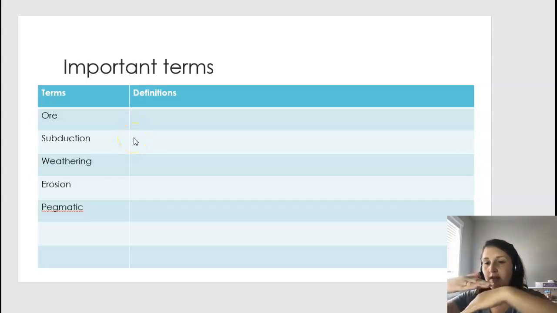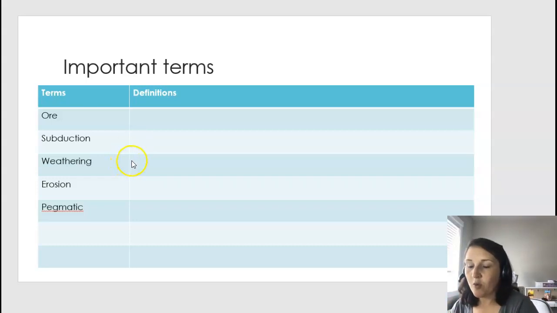Subduction is when one tectonic plate is sinking under the other, and you see that in metamorphic rock formation. Weathering, we just mentioned before, is the breakdown of rocks, whereas erosion is the movement of that material to a new location. And pegmatic is a term that goes all the way back to formations of rocks.